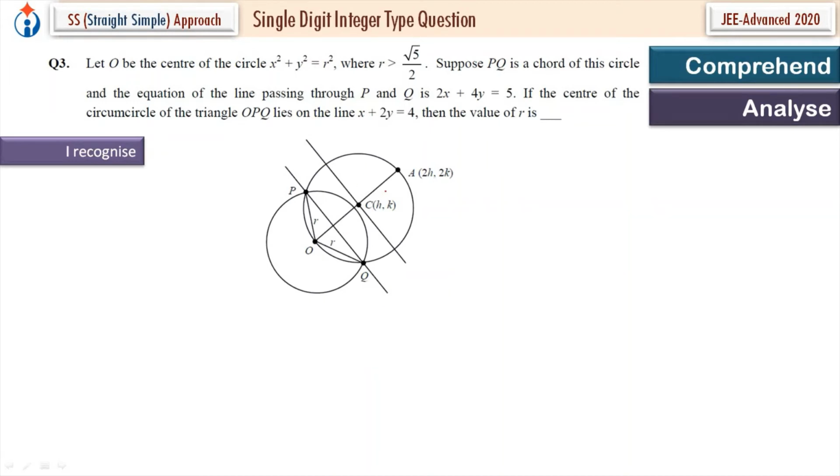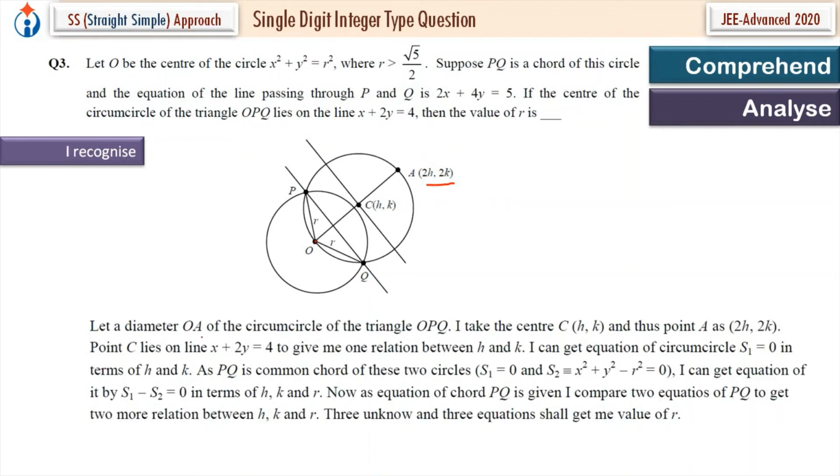Now if again I look at this picture, the required circle is passing through the origin O. If I take center h, k, the end point of this diameter will have coordinates 2h, 2k. So I have assumed the coordinate of the center h, k, and I get the other point of the diameter passing through origin. Now, OA is the diameter of the circumcircle of the triangle, and point C lies on this line to give me one relation between h and k.